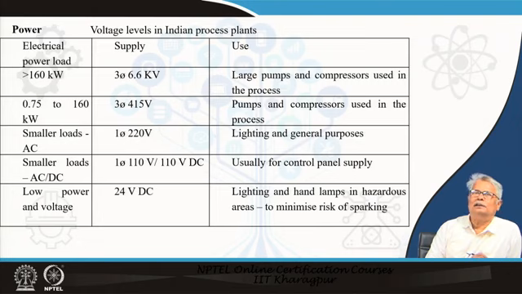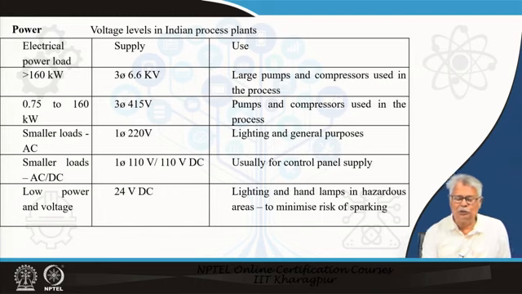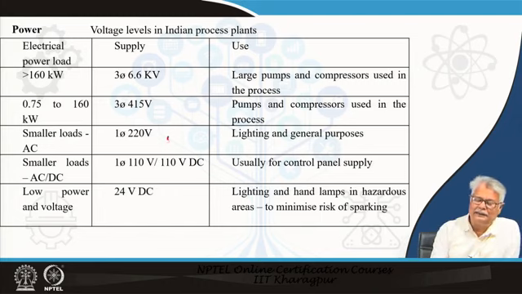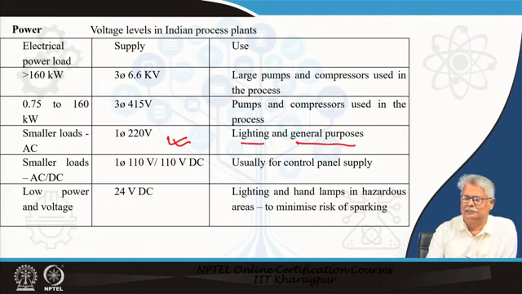The next item that we had listed is power, electrical power. Typical voltages of supply vary a lot. The most common one which we use domestically is single phase 220 volt. It is used for lighting and general purpose, maybe a fan as well.